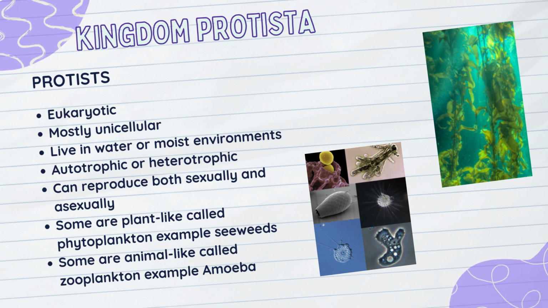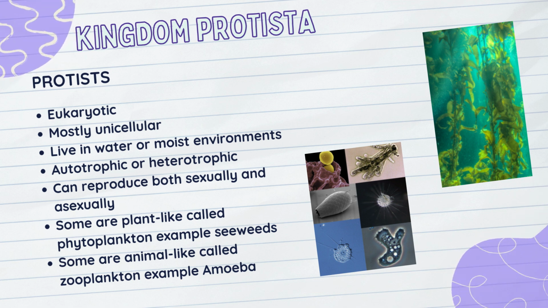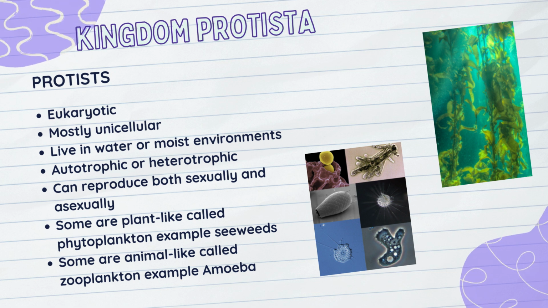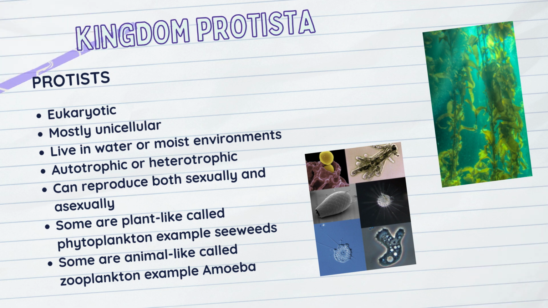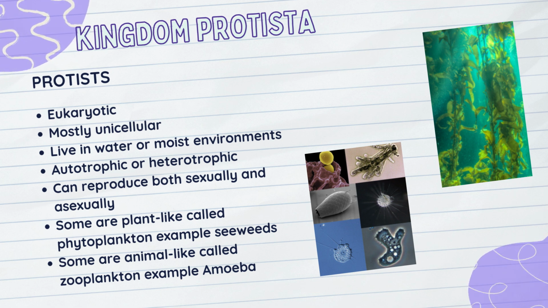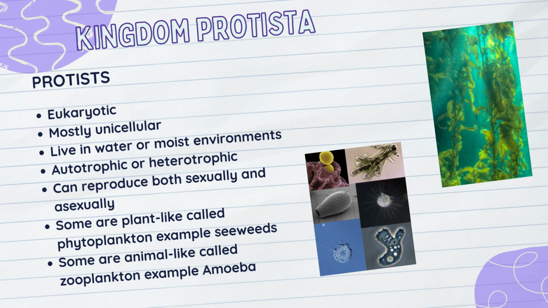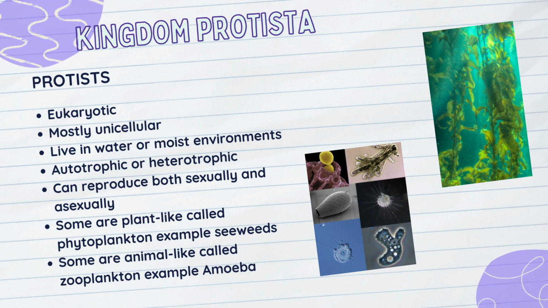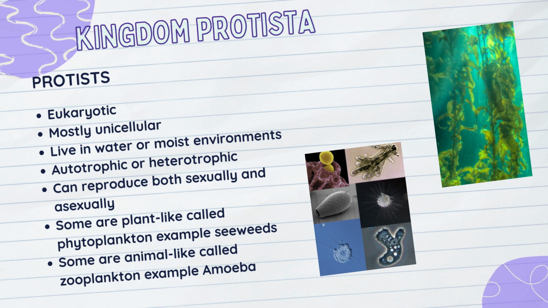Protists are not animals, nor plants or fungi, but they either have plant-like characteristics, and those types of protists, as I've mentioned before, are called the photoplankton protists, or they are animal-like, and those protists are called zooplanktons.